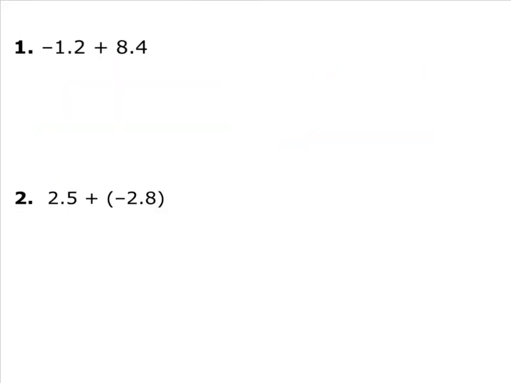Our first one here we have negative 1.2 plus 8.4. Now remember, we're going to line up our decimals, so we need to pay close attention to where the decimal is on both of these. So I'm simply going to have 8.4 plus negative 1.2. Notice I lined up my decimals.